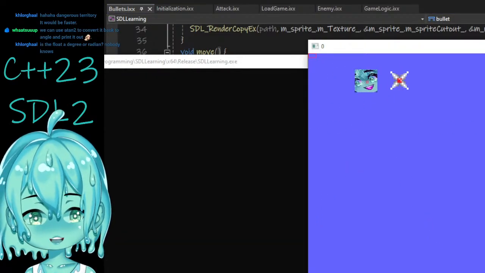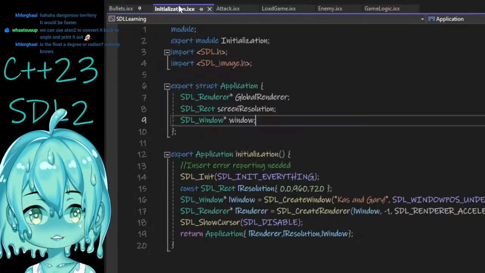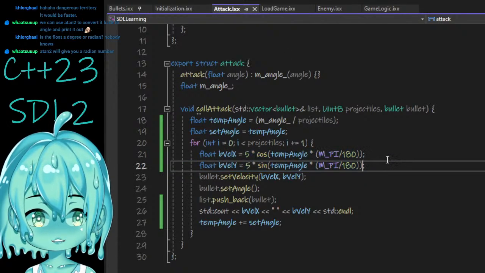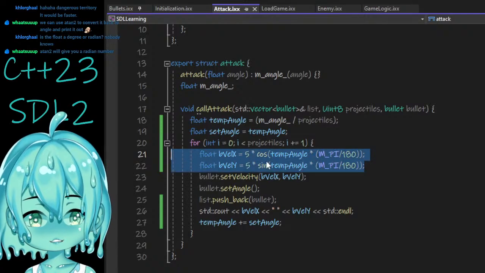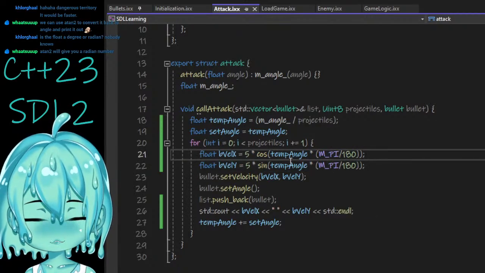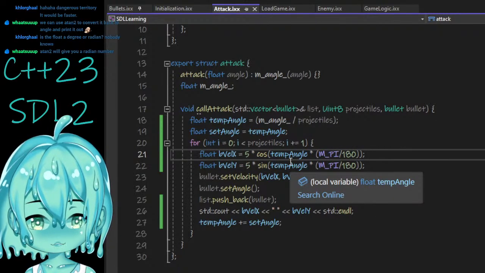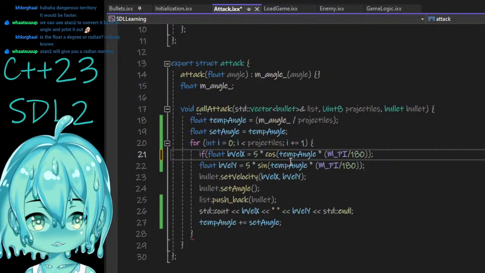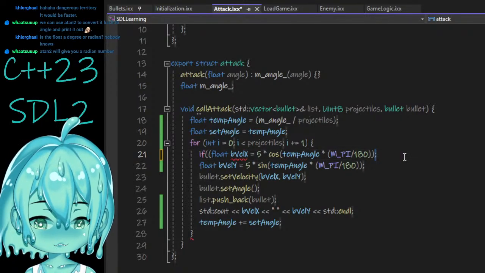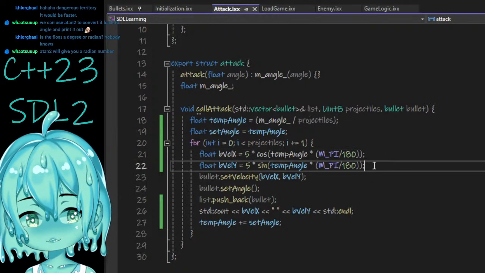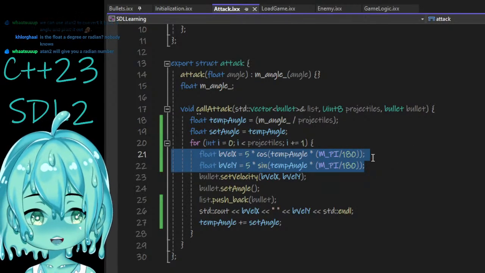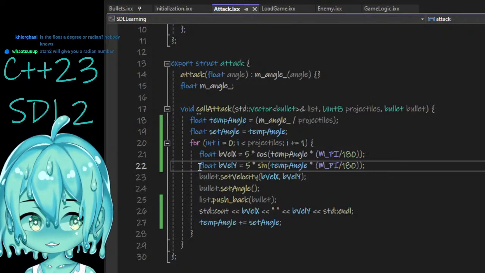So this is correct. The only thing is I may do something like this. I kind of want to put like, if this, like I almost want to account for 0 on both of these, 0 or 180 on this one specifically.